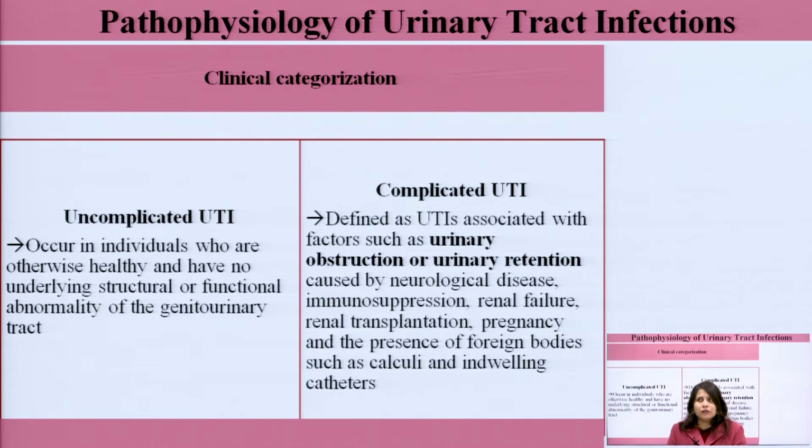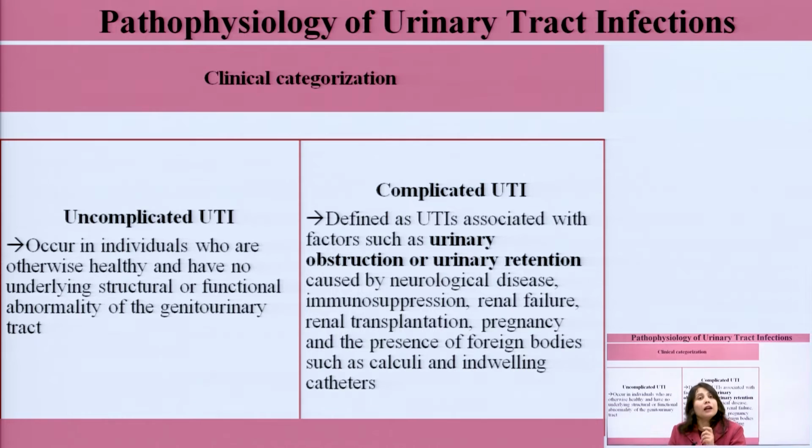When a person who had surgery or who has a renal disease is using catheters, they also provide a very good surface for the growth of microorganisms. So this is what a complicated urinary tract infection is. It doesn't occur in healthy individuals but occurs in individuals who have a certain type of ailment or some abnormality.